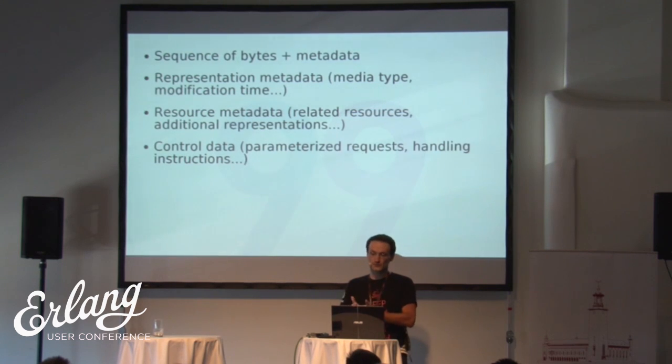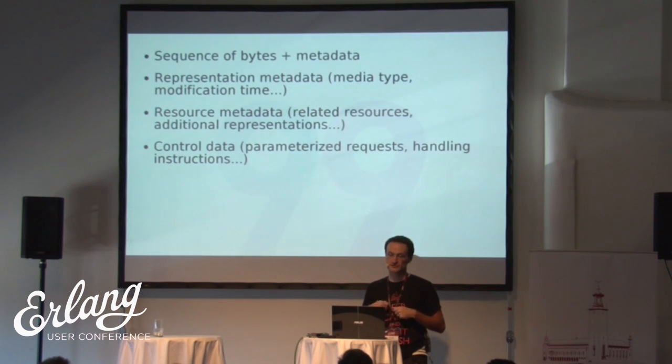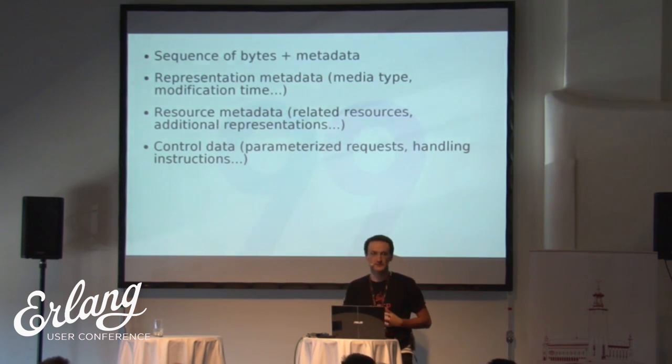Representation. So this is what is actually sent to the client and processed. A representation is simply a sequence of bytes and some metadata. It doesn't matter for REST what exactly that sequence of bytes is, with one exception that we'll cover.